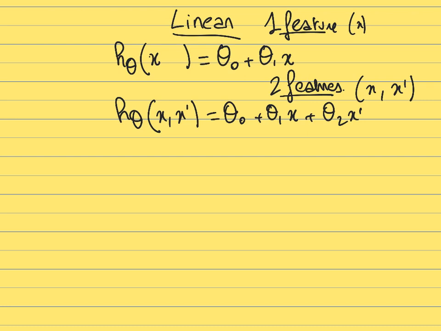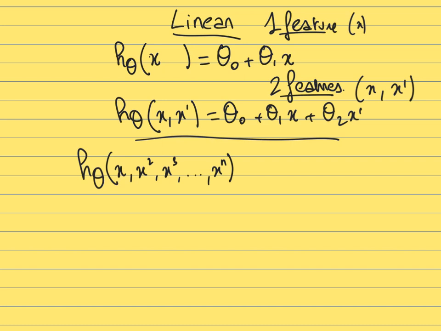Now what we have is a more complex model where we said that we are going to write our hypothesis with the following input, with x, x², x³, etc. up to a given power n. And in this case, the model can be expressed as theta naught plus theta 1 x plus theta 2 x², etc., plus theta n xⁿ.